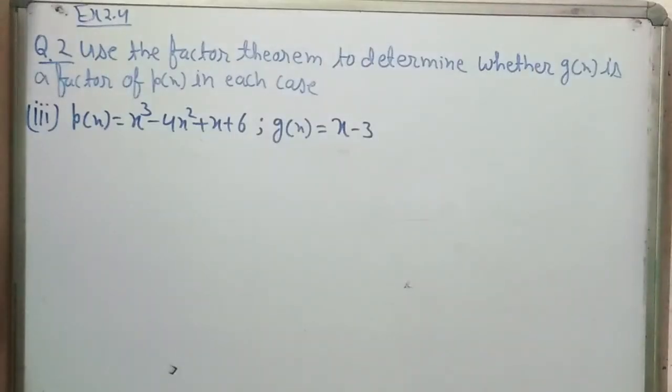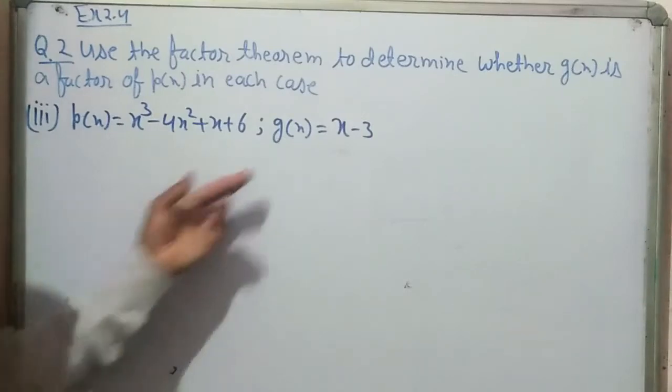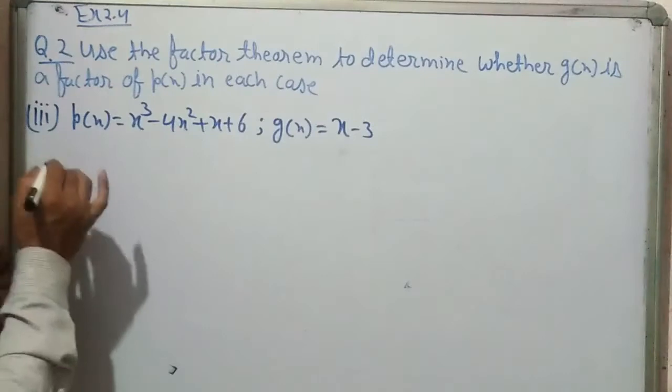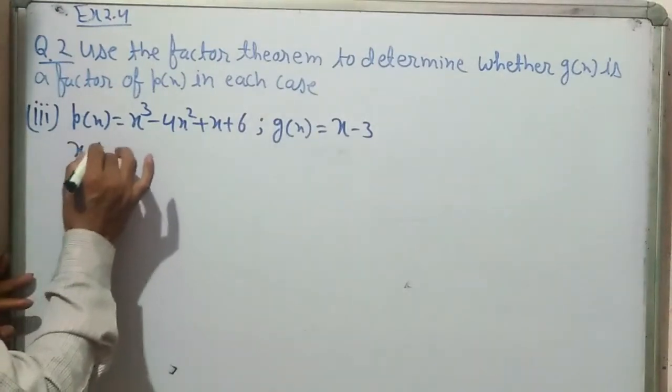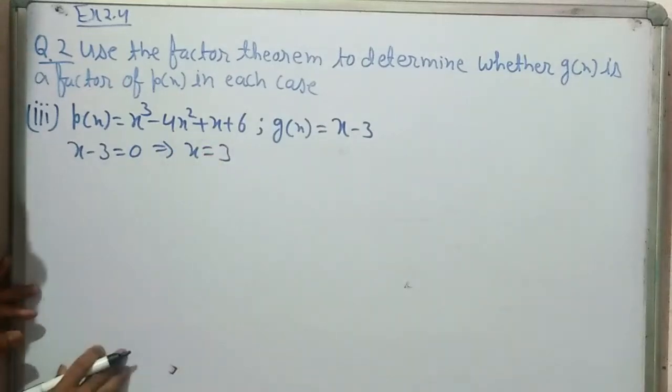In the third part of this question, what we are given is the polynomial p(x) is x cube minus 4x square plus x plus 6, and the divisor to be checked is x minus 3. So what we do, as usual, x minus 3 equals 0 gives x equals 3.